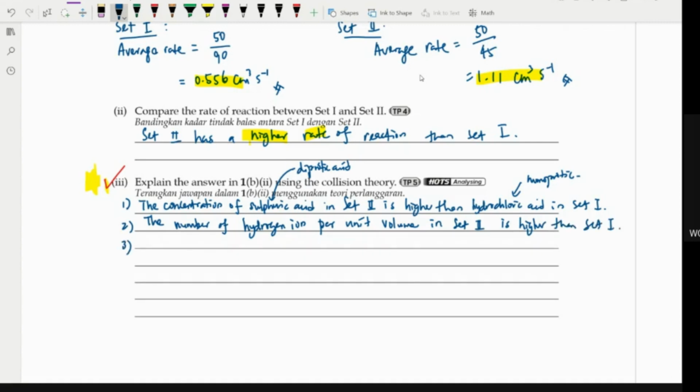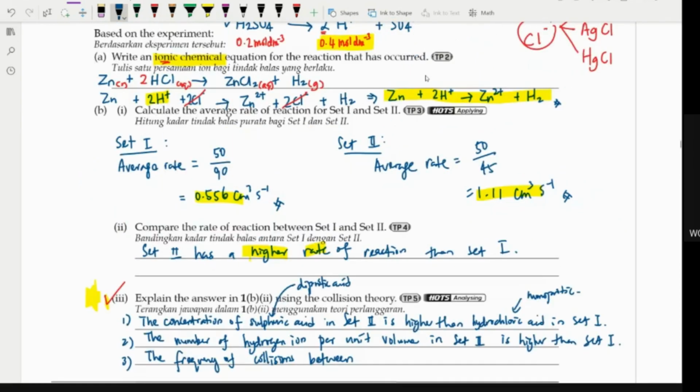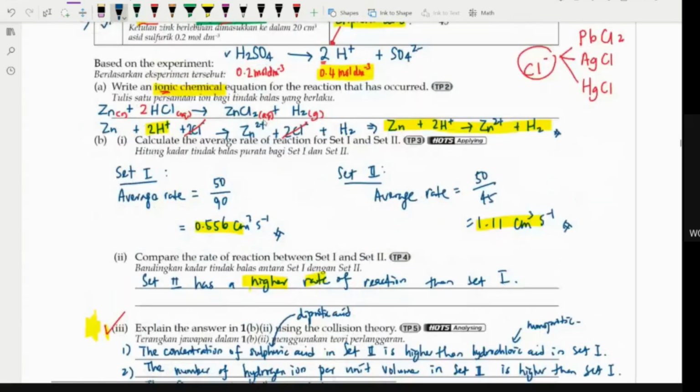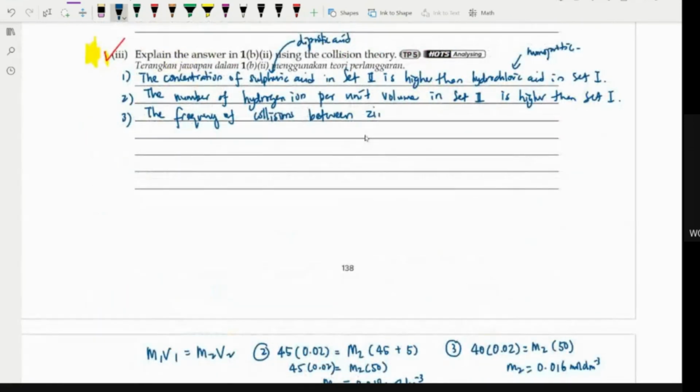Point number 3, the frequency of collisions between what particles, class? For sulfuric acid and zinc, the acid gives hydrogen ions and zinc gives zinc atoms. Zinc atoms and hydrogen ions in set 2 is higher than set 1. Point number 4, the frequency of effective collisions.